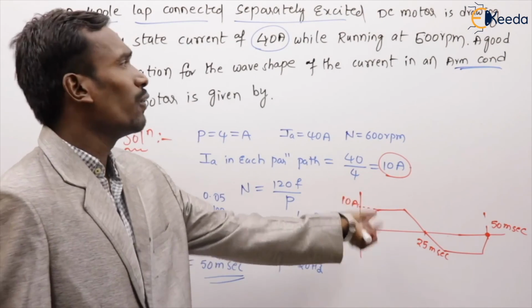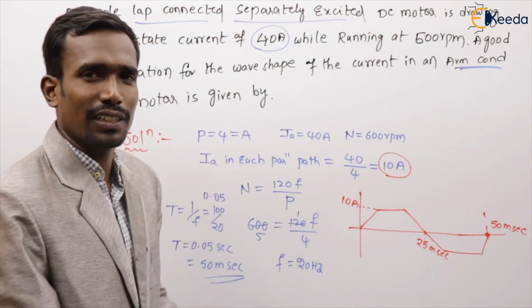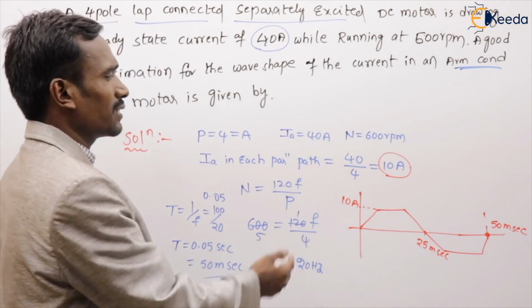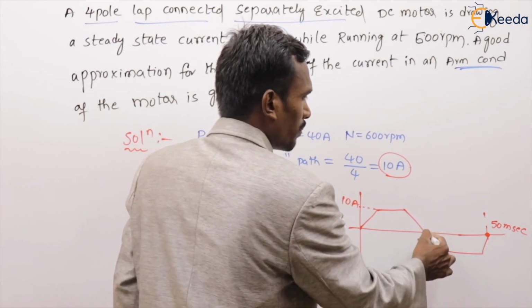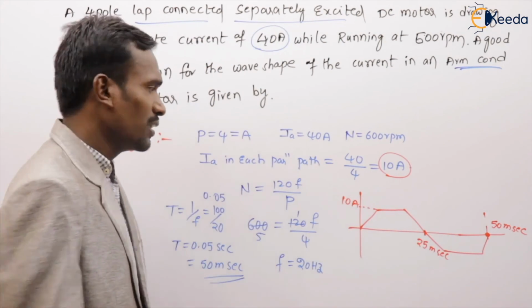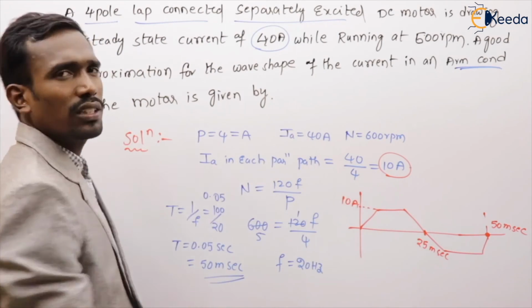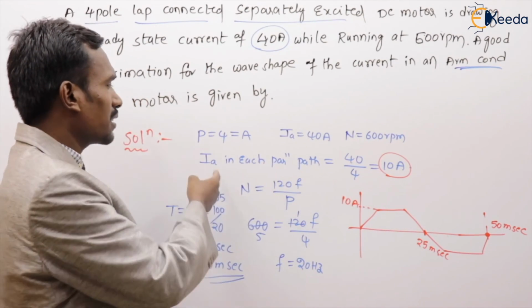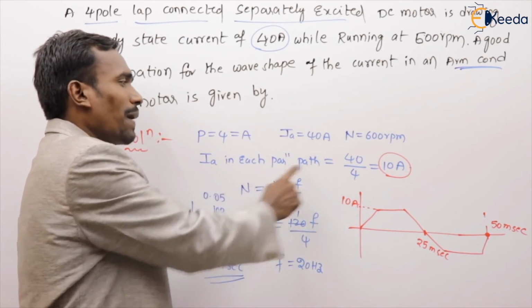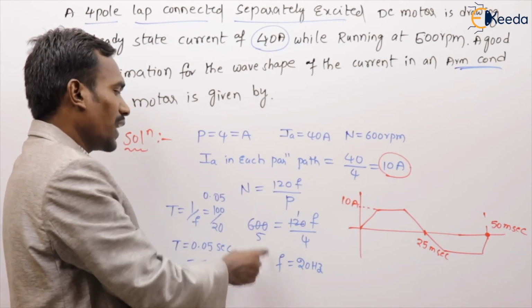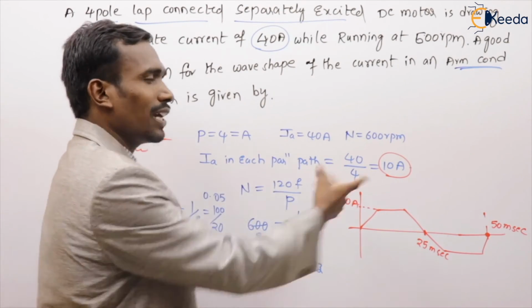This is the wave shape of the armature current in the conductors. Here, 10 amperes, 25 milliseconds and 50 milliseconds. This is the question explanation: we have the total IA, then the per parallel path current, then the frequency, then the time period, then the wave shape.